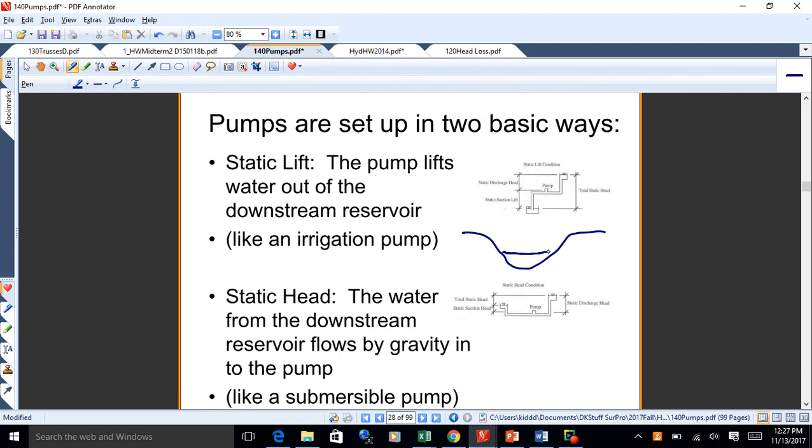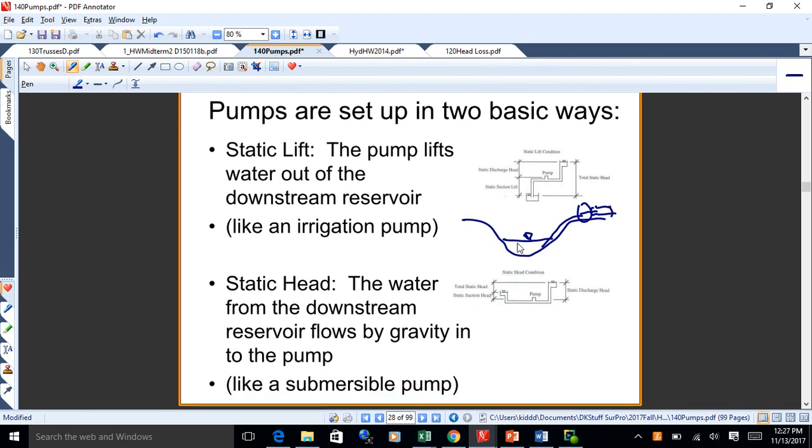If here's the river, a farmer will have a pump up here, a motor, you'll see the pump motor usually. And then they've got the pump itself, and a pipe going down into the river. They lift the water up out of the river to the pump, and then they push it into the field. You've all seen those? That's a static lift, because they're lifting the water out of the river to the pump.